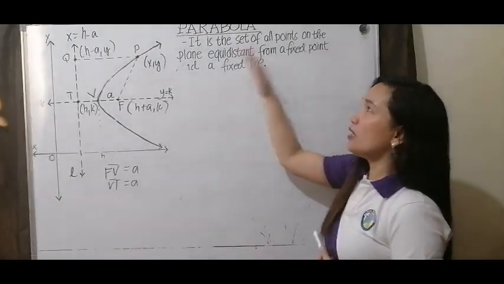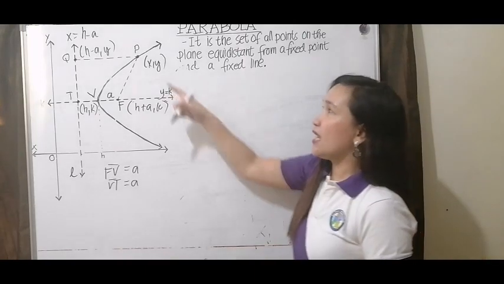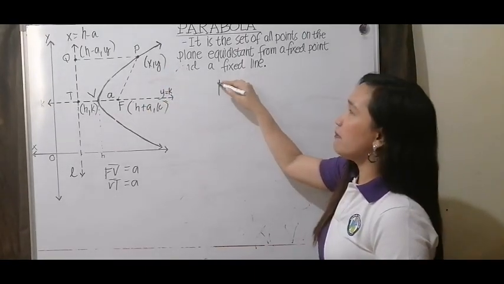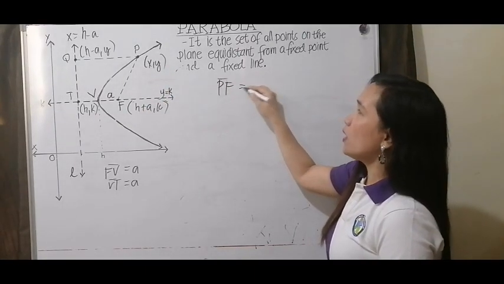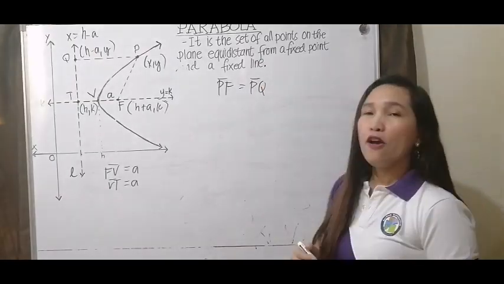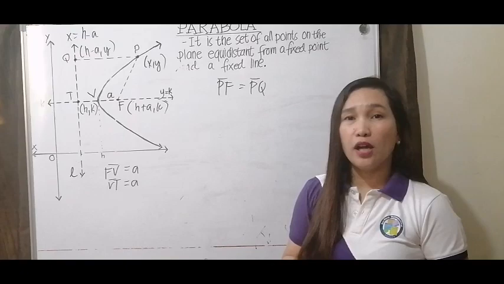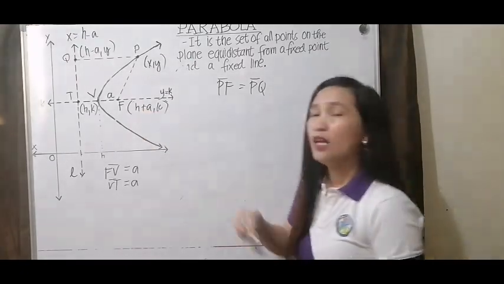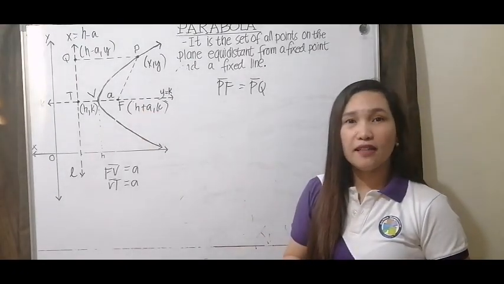Now by the definition of the parabola again, we can say that line segment PF is equal to line segment PQ. For us to be able to find the equation of this parabola, we can use the distance formula.